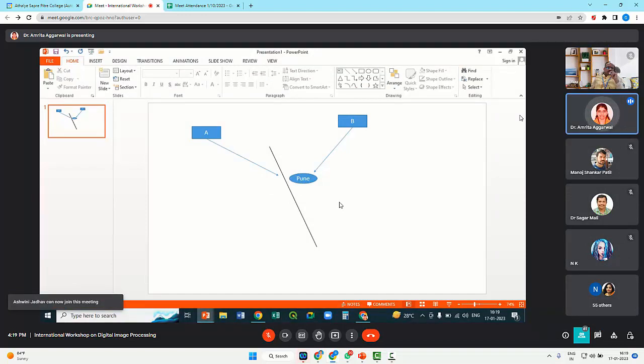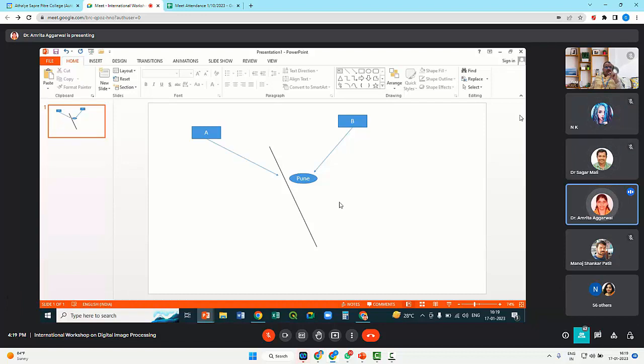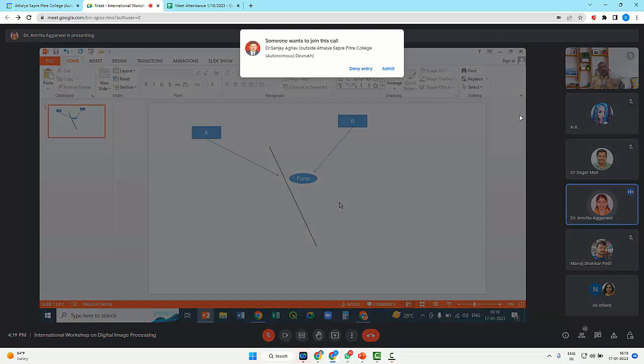Now, when I say we are taking the imagery, it does not mean that we are actually controlling the sensor. No, when we order the imagery, we have to be very clear about the angle from which it should be taken.